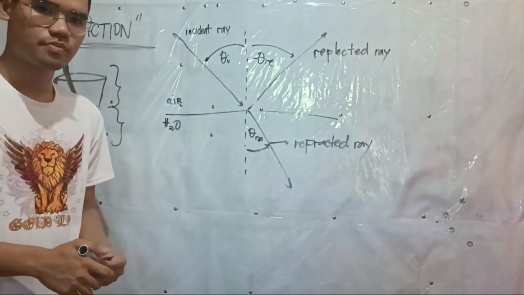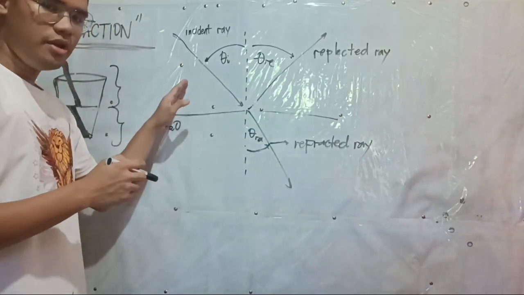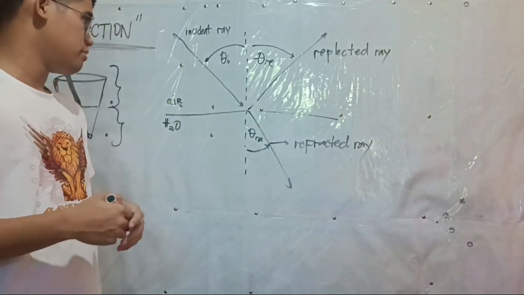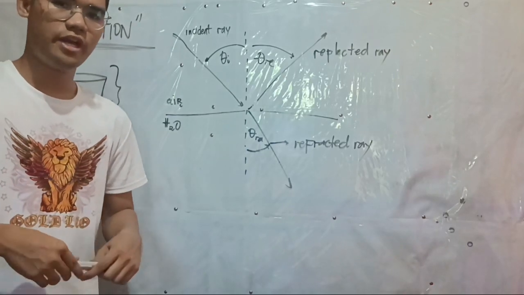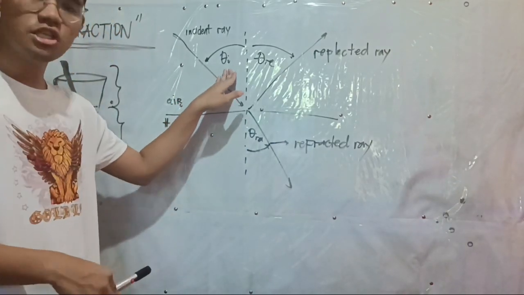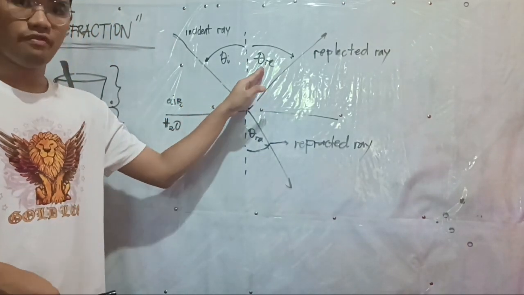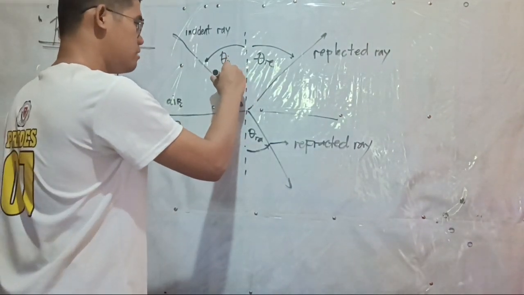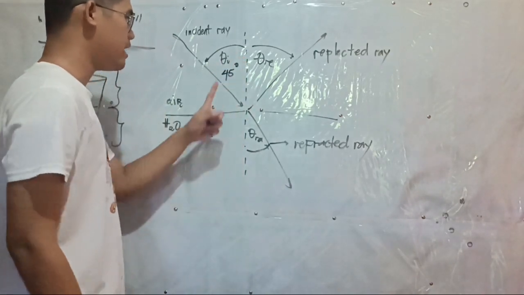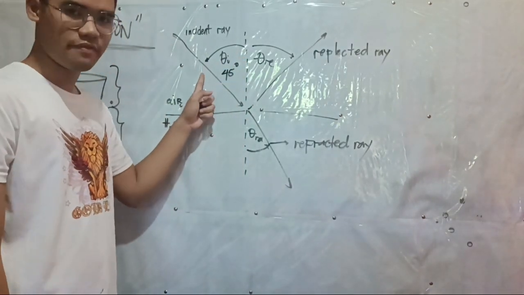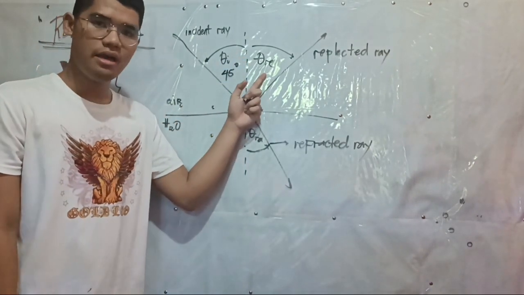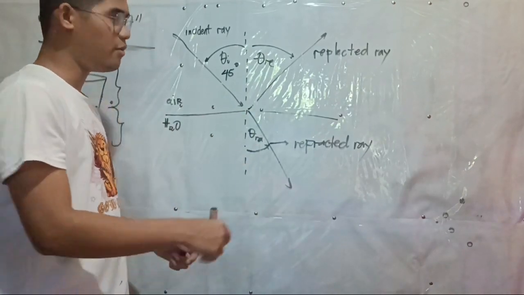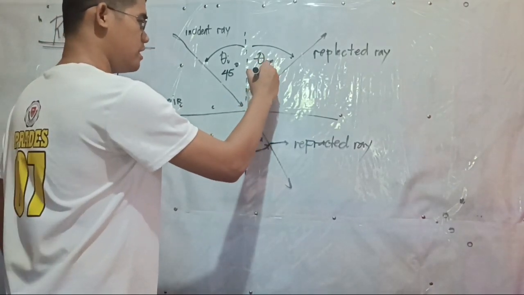So now, we know from our discussion of the law of reflection that theta I is the same as theta reflected. So, if we have a 45-degree angle of incidence, then our angle of reflection is also 45 degrees.